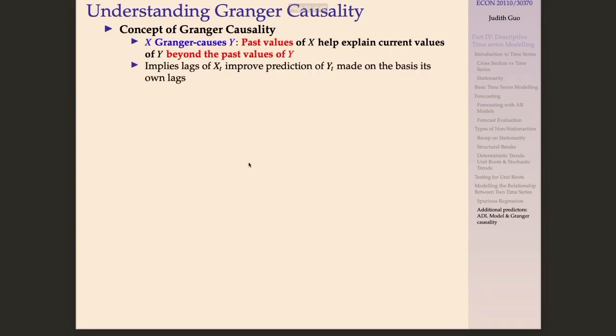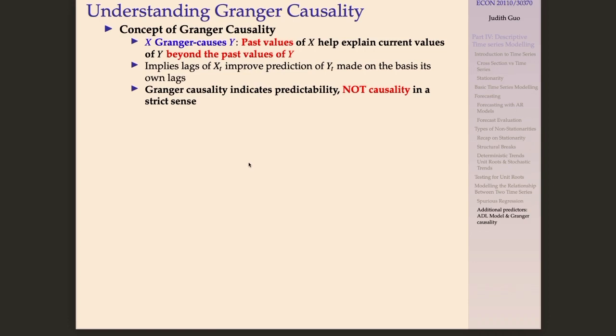So the definition of Granger causality is X Granger causes Y if the past values of X help explain the current values of Y beyond the past values of Y. So this Granger causality, okay, it's about predictability, okay? It's still a descriptive concept. It's not causality in a strict sense. That's why it's called Granger causality, not causality.